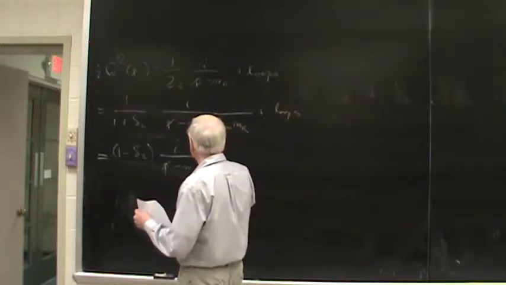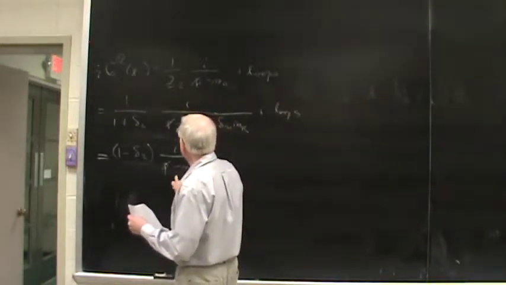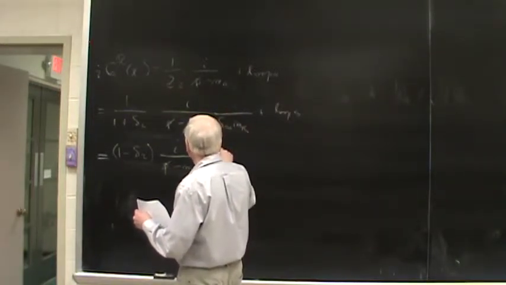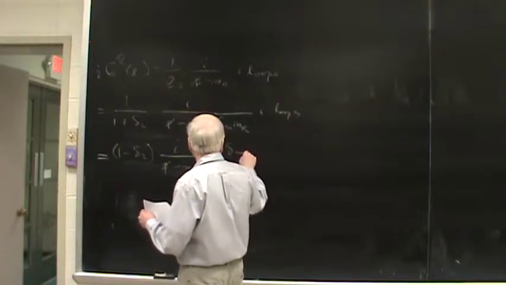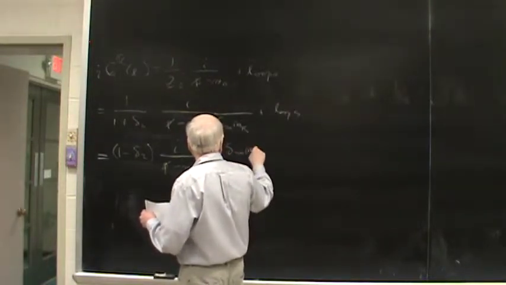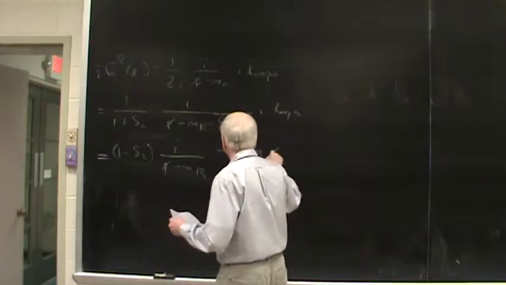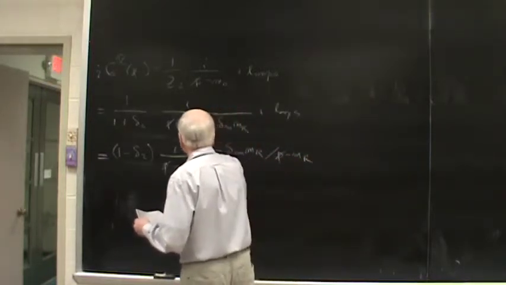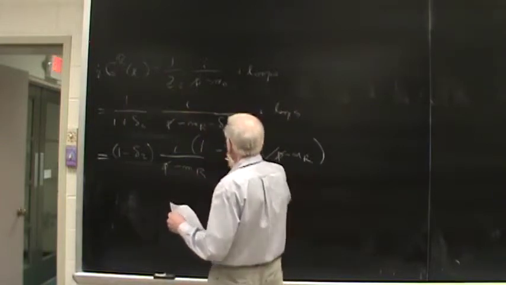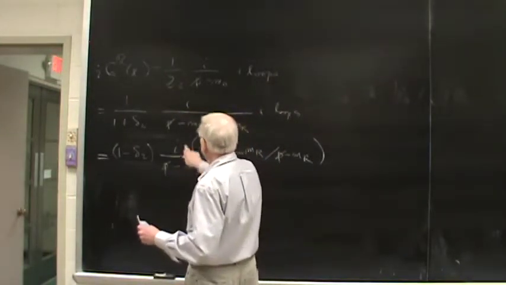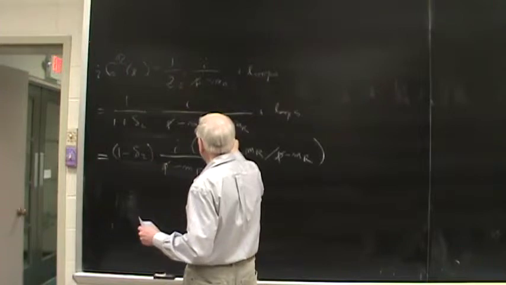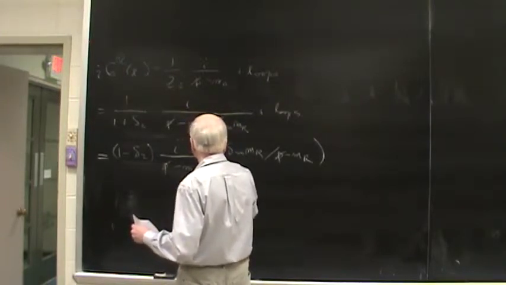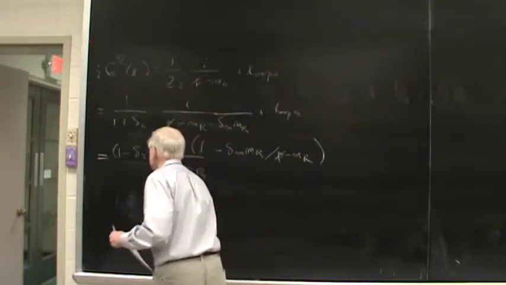Okay. All right, so when you toss this part upstairs, what you get is minus delta M MR over P slash minus MR. So 1 minus. Okay, so in other words, this thing here we write as this. Maybe I should do this in 2 steps.